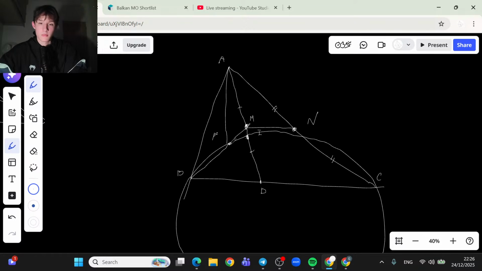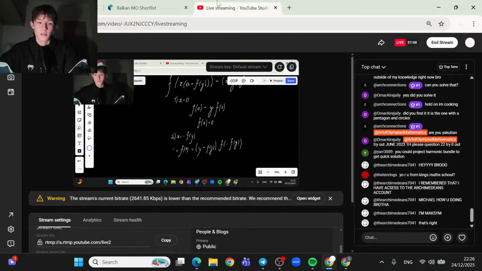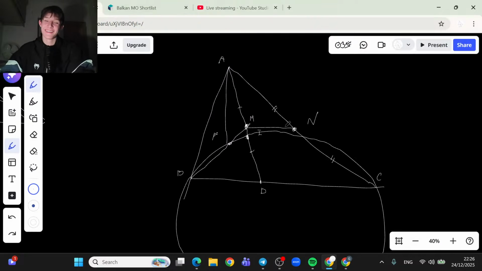So I'm still thinking about this BIC circle because it doesn't make any sense. It doesn't really make any sense because F should lie on the circle, and the only thing we know about the circle is that the angle there is 90 plus alpha over 2. So maybe this angle here is 90 minus alpha over 2.